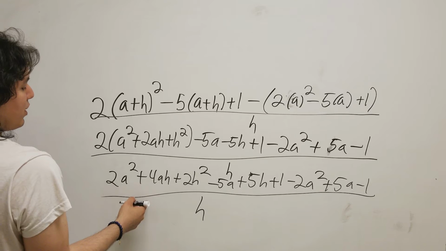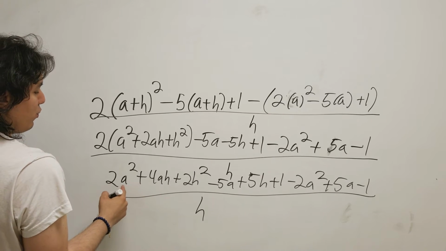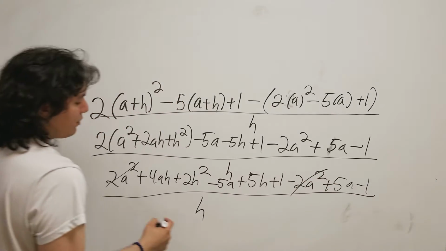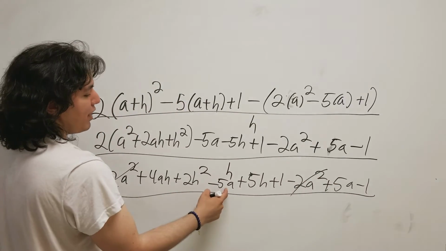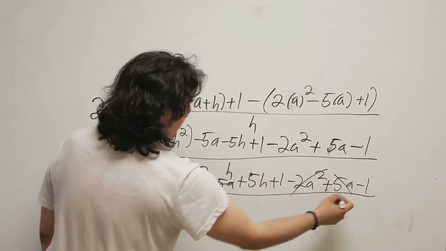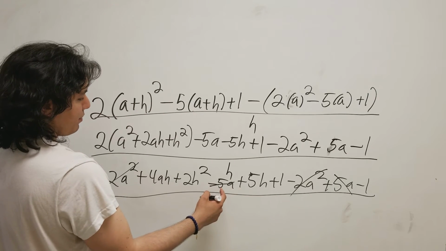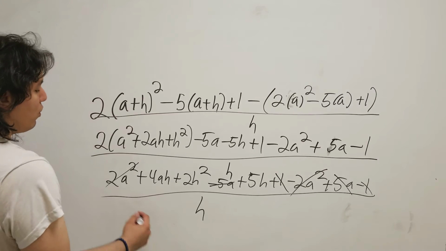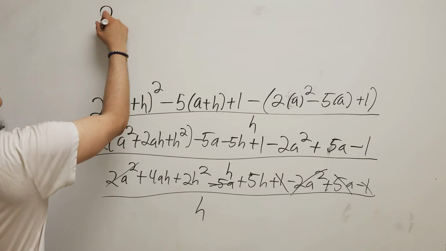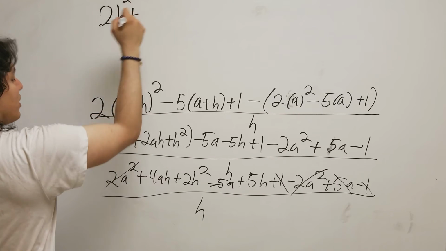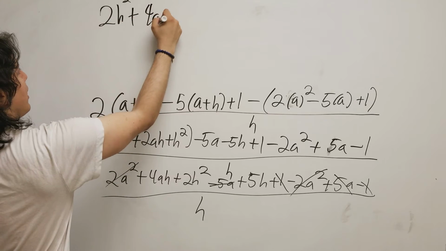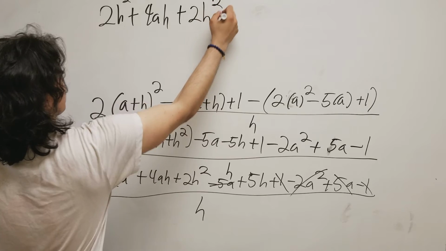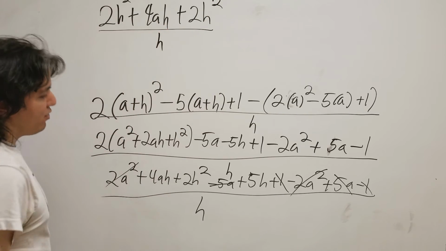So now let's get rid of some cancellations here. We have a positive 2a squared, and we knock it out with the negative. We have a negative 5a, and there's a positive 5a. There's a positive 1, and then there's a negative 1. So all we're left with is 4ah plus 2h squared minus 5h, being divided by h.